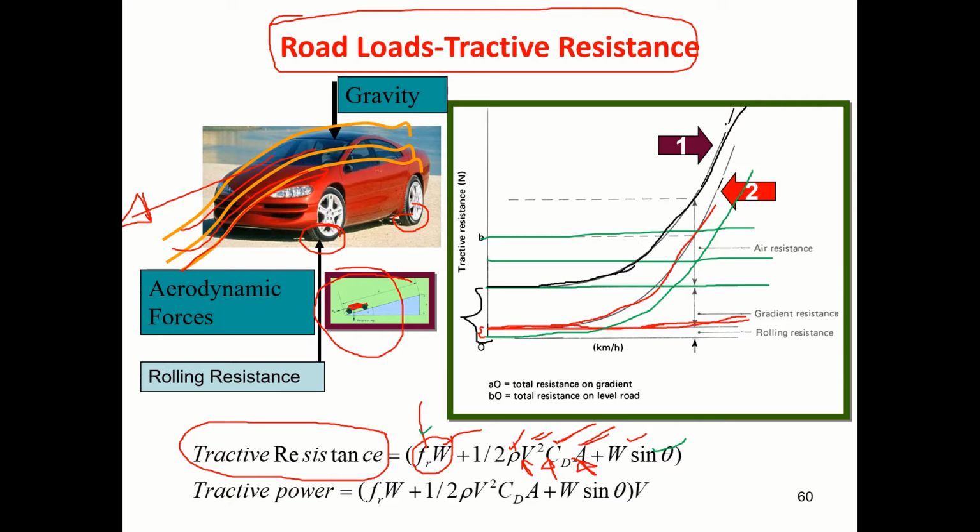Now if I multiply the tractive resistance by the vehicle velocity, it will give you the tractive power required to overcome this resistance.